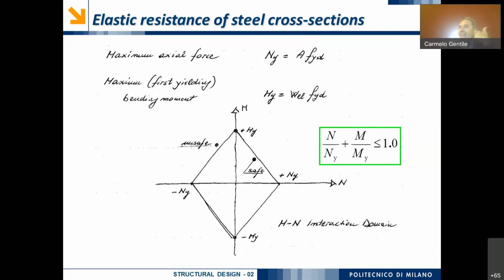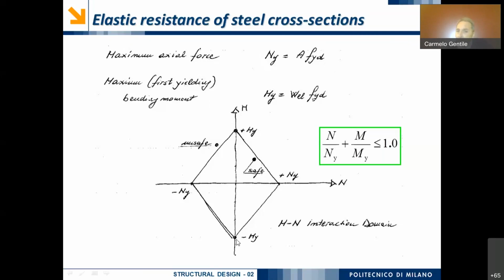But of course, I can exceed the elastic resistance of the cross section, because we can very easily recall that this value of the axial force cannot be exceeded. But this value of the first yielding bending moment is exceeded by, for example, the fully plastic moment.